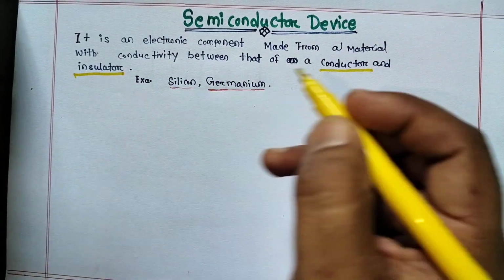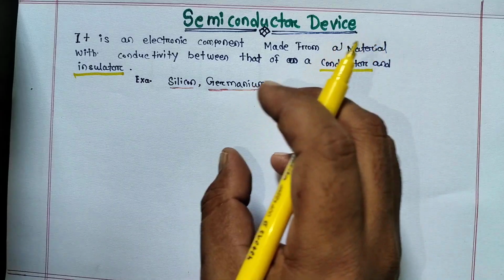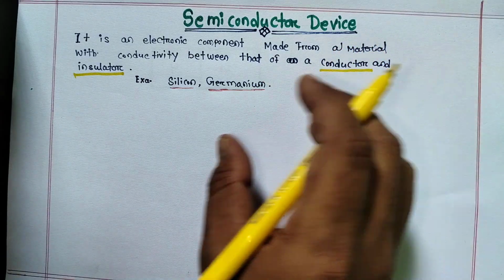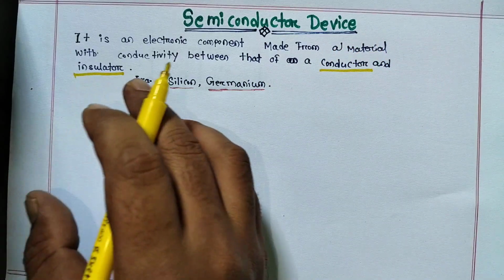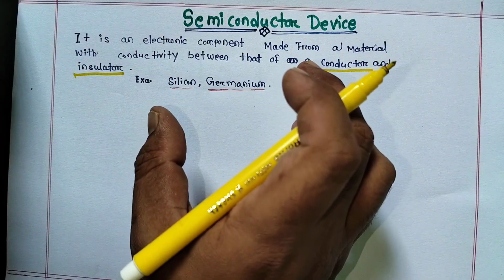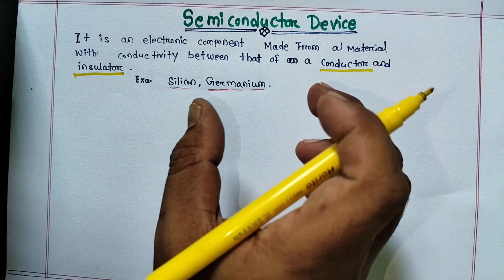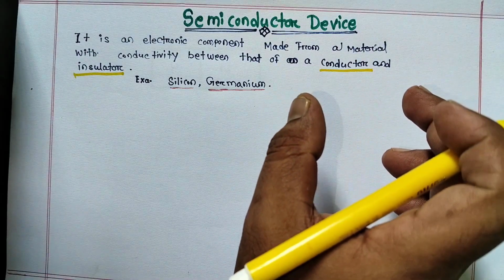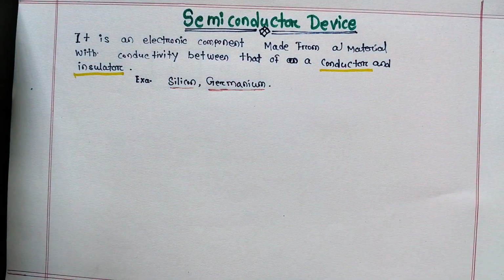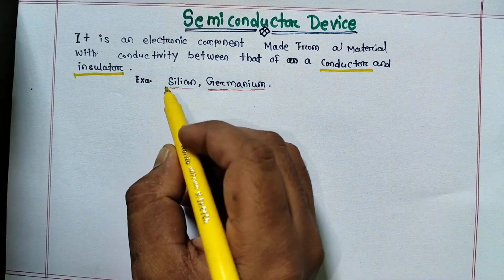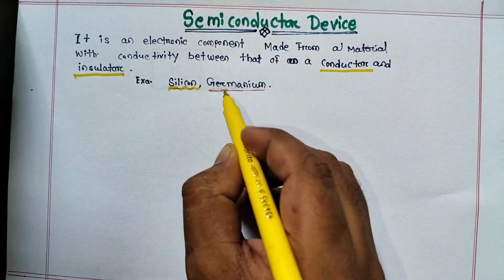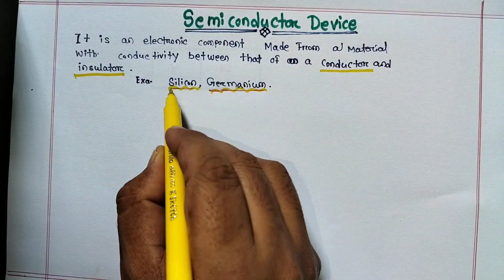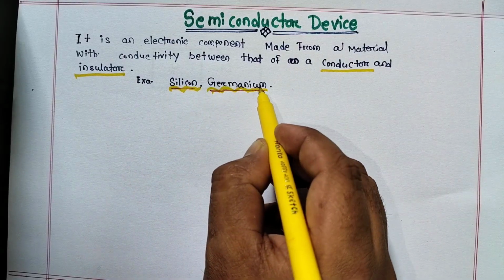You already know that a conductor has low resistance and an insulator has very high resistance. A semiconductor is neither a conductor nor an insulator. Mainly we use silicon and germanium, the most common semiconductor materials.